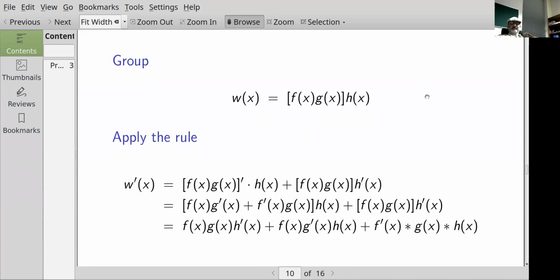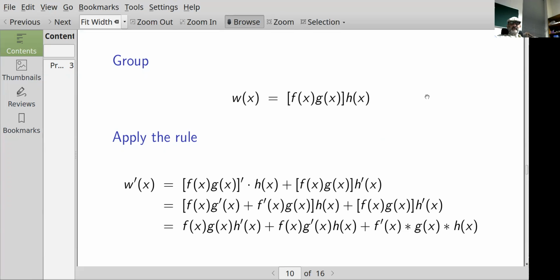We can group w as one factor, f of x times g of x, and the second factor is h of x. So we can take the derivative of f times g, times h of x, plus f times g times the derivative of h.